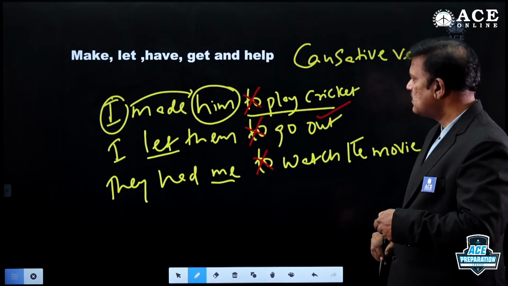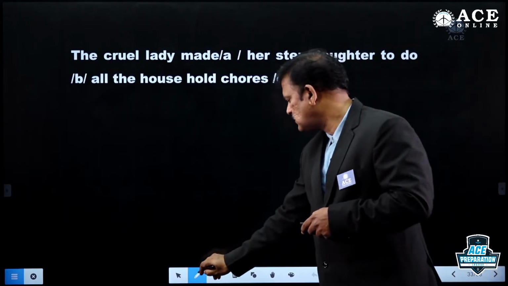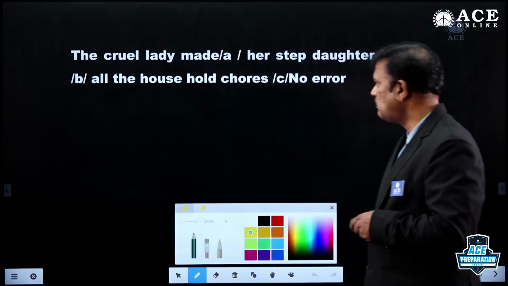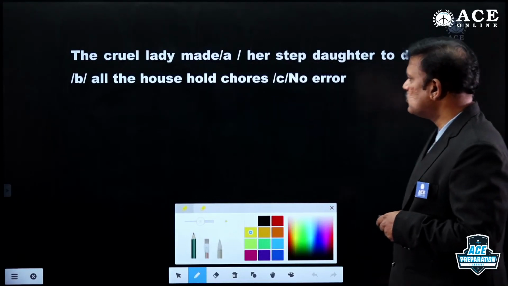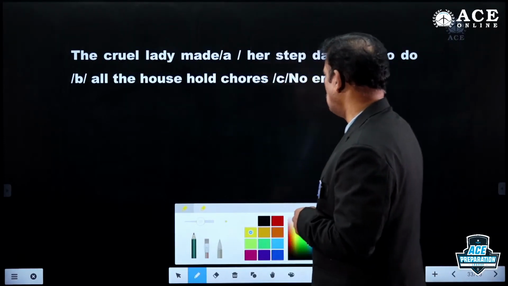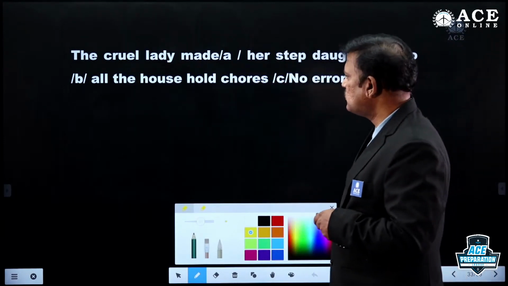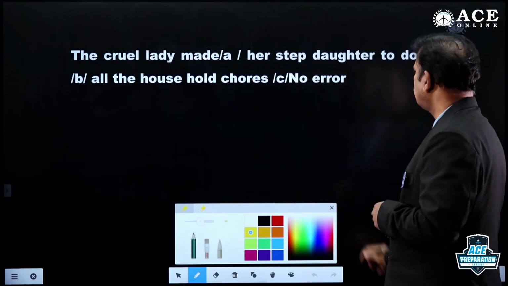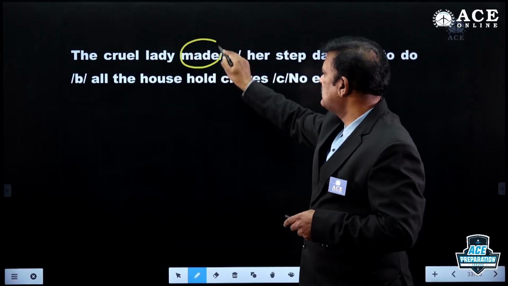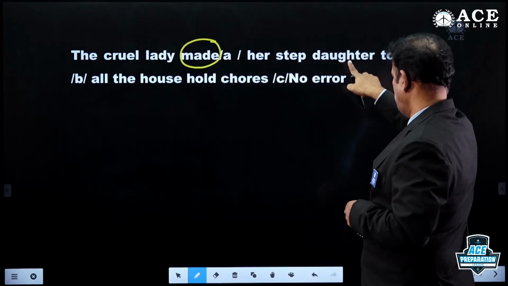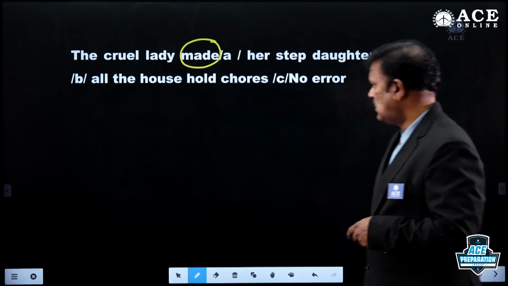This is what? Causative verbs. Look at this sentence, problem. The cruel lady made her stepdaughter to do all the household chores. Cruel lady made her stepdaughter do all the household chores.